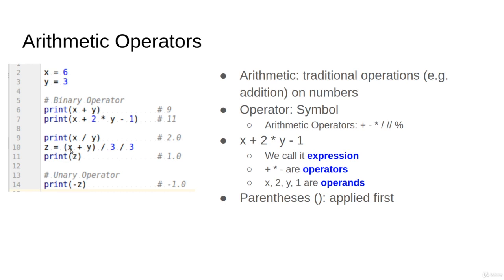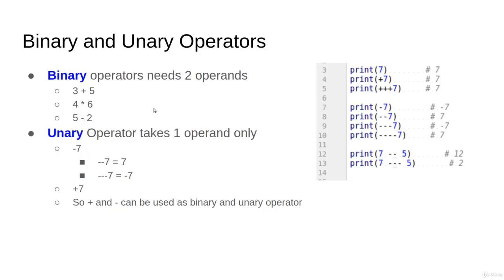But if you remove the parentheses, it will be x plus y over 3. So it will be first y over 3. Y is 6, 6 over 3 is 2, and it will be like 3 plus 2. So you see how the parentheses force the priority in evaluation. And we will come back later to that in operator precedence.